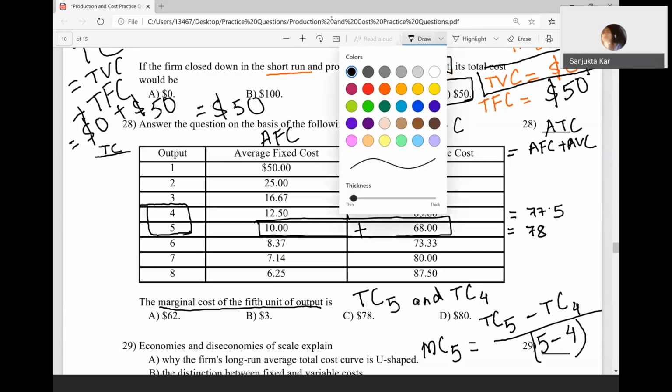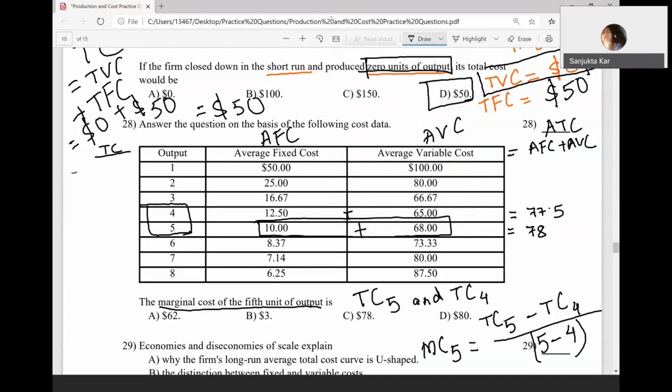Let me use a different pen and give you the formula. The total cost is equal to average total cost times output. So for the fifth unit, it's going to be 78 times 5. For the fourth unit, it's going to be 77.5 times 4.